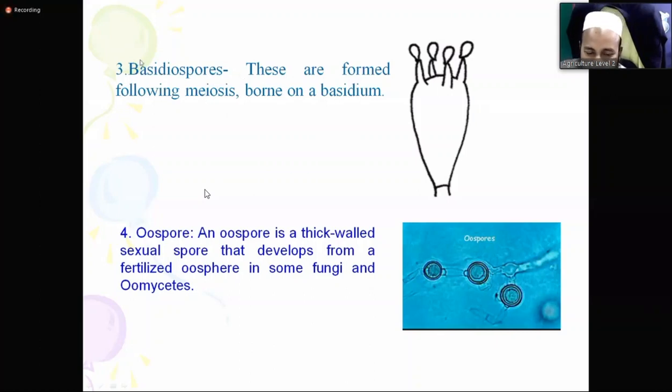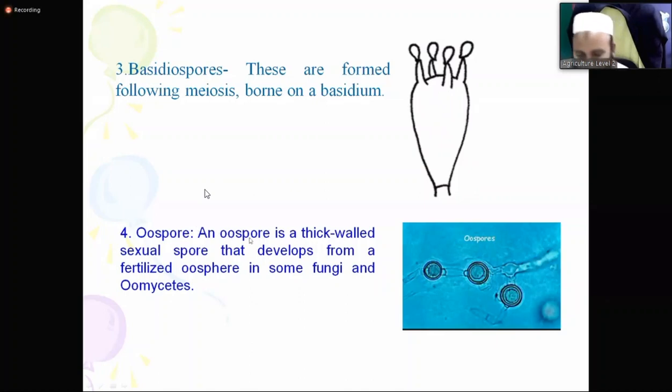Maybe one teacher, maybe Dr. Ali Hossein or some other teacher, will teach you Basidiomycota. It is another big group. You will take five to seven classes for basidiospore. These are formed following meiosis, born on a basidium. So this structure is called basidium and basidiospore.